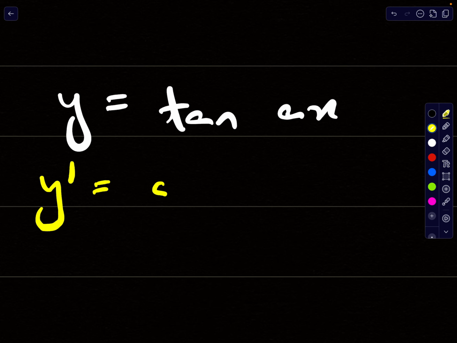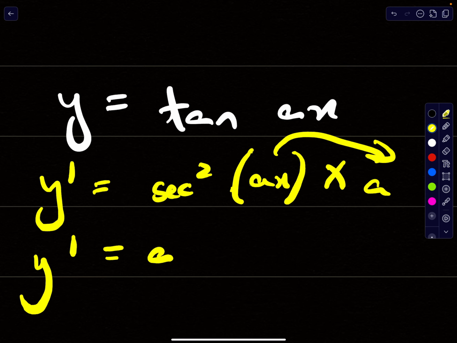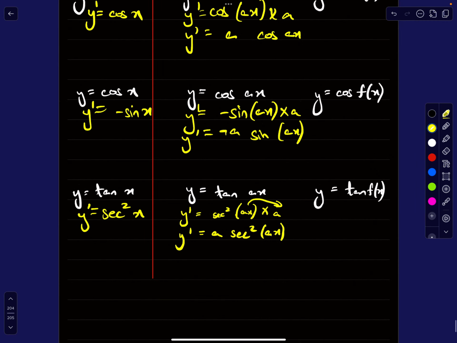The differential of tan is going to be sec square, and the thing inside the brackets remains as it is, multiplied by the differential of what's inside the brackets, that's a. And thus our final differential is going to be, in generalized form, a sec square ax, if we have a linear inside the brackets.